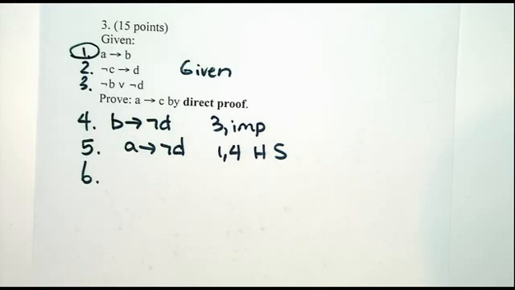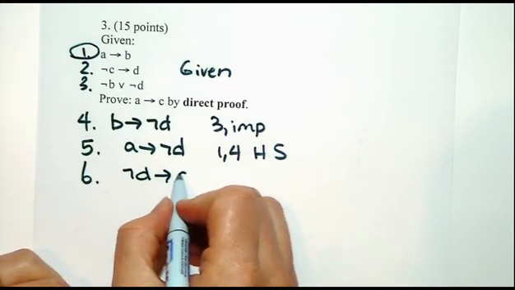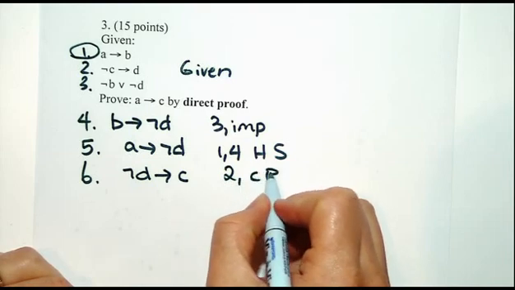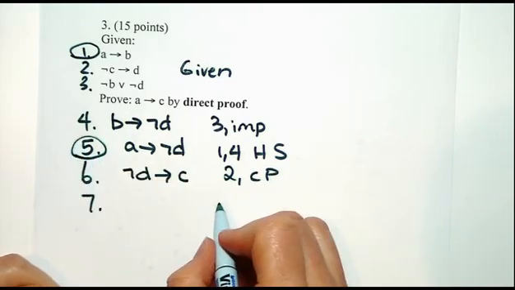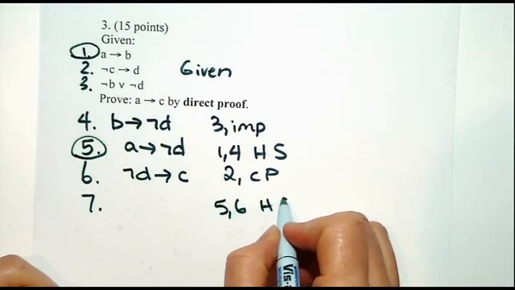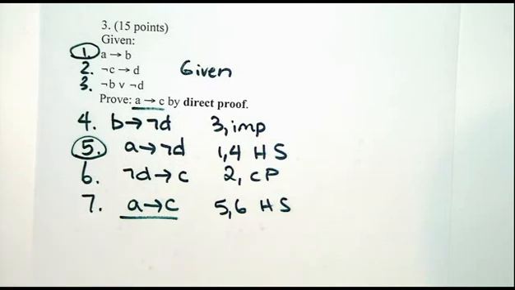It looks like I'm going to have to use it with line 2, so it's going to have to be hypothetical syllogism, but not D doesn't match with the hypothesis of the implication, right? So what do we do? Contrapositive. So we're going to get not D implies C from line 2 and contrapositive. We did that on purpose to use with line 5. So we're going to do 5 and 6 in hypothetical syllogism and get A implies C, and that's what I wanted to prove. So we're done.